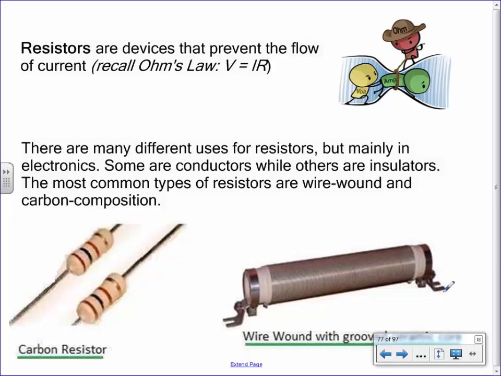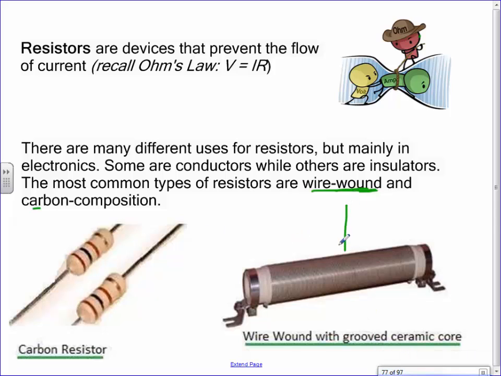So I want to talk a bit more about resistors on this slide here. Again, remember the idea of what a resistor does. If voltage is what gives somebody a push, and amps is the current, the people who are moving, the ohms, which is resistance, is what's trying to slow something down. I need you guys to know that there are 2 types of resistors. One is known as a wire-wound resistor.